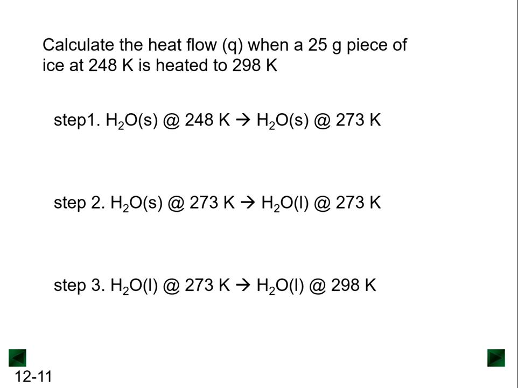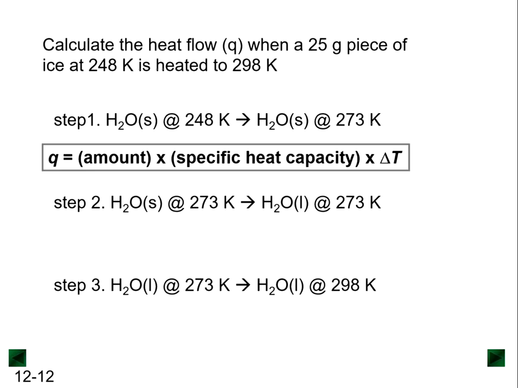The overall heat flow is going to be the sum of the heat flows of each of these steps. And we can see that the first step then, we can identify Q as m Cp bar delta T. We need to make sure to use the correct specific heat capacity. In this case, it will be for solid water, which is significantly lower than that for the liquid water.